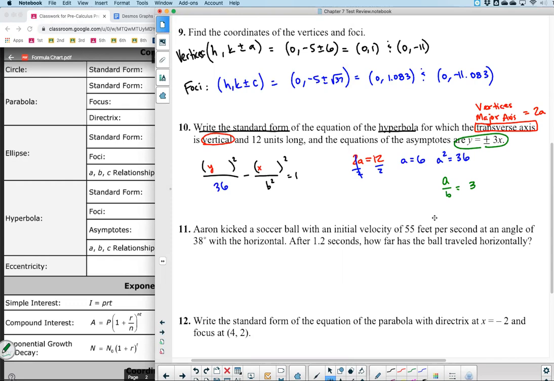Plus or minus 3, granted, but 3 is what I'm paying attention to right now. We know what a is. A is 6. So if I did my algebra here, we'd have 6 equals 3b. And then you would divide by 3.